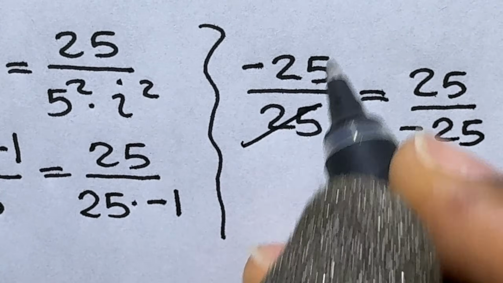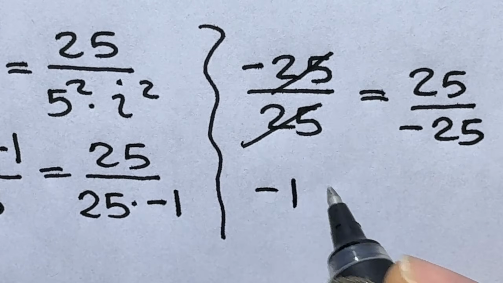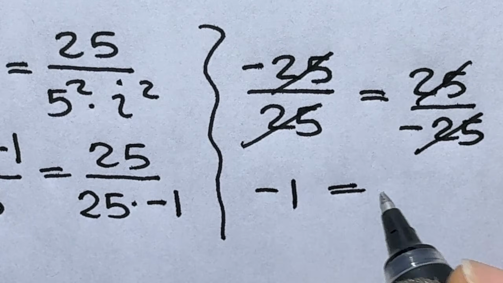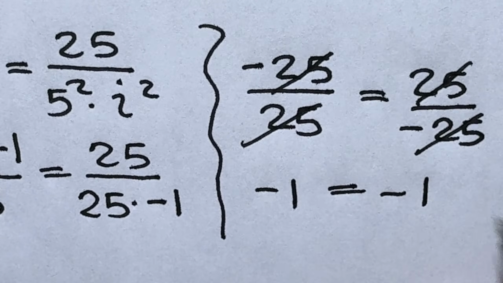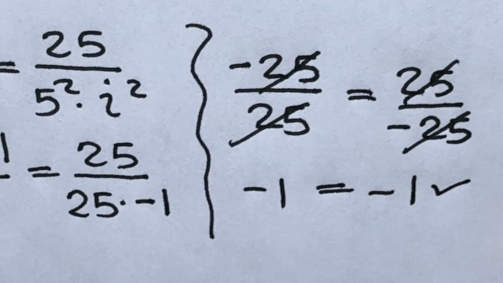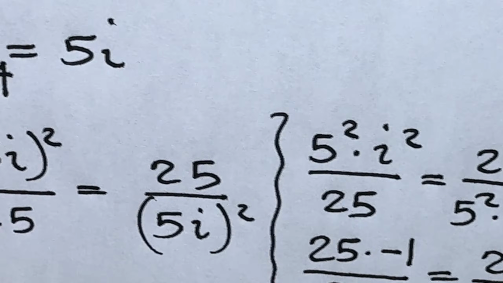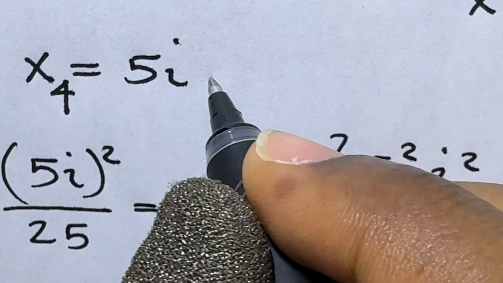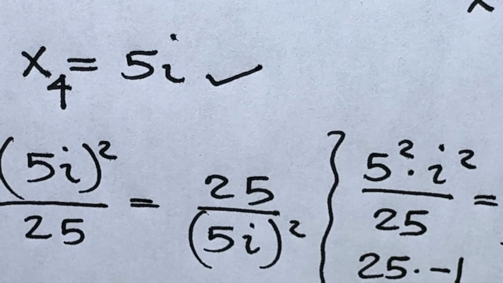If we divide, we get negative 1 on both sides. And either way, the left hand side still balances the right hand side. Hence, the fourth value of x is also correct and acceptable. So all 4 solutions of this problem are eventually correct and acceptable.